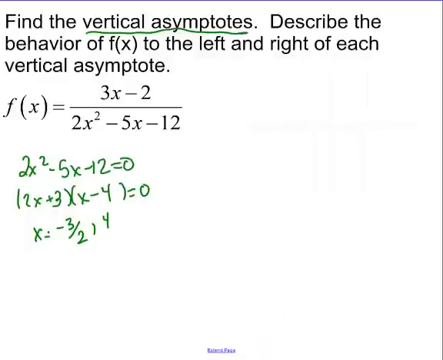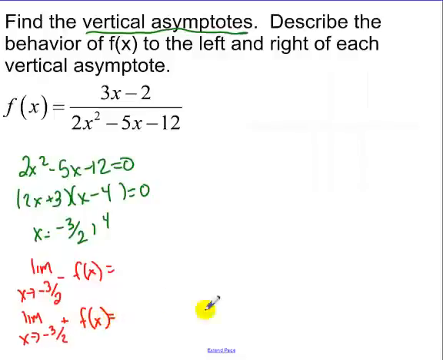Okay, but now describing the end behavior. That's using limits. So the limit as x goes to negative 3/2 from numbers a little bit less of our function, and the limit as x goes to negative 3/2 from numbers a little bit more than that value.